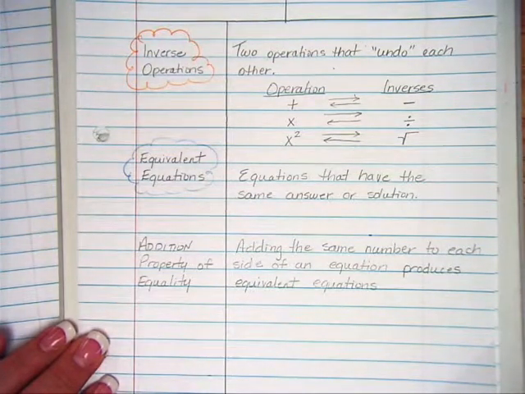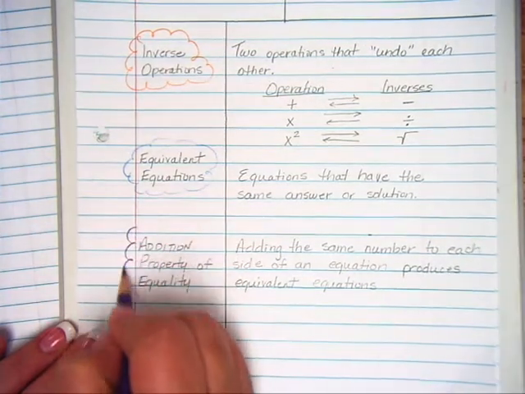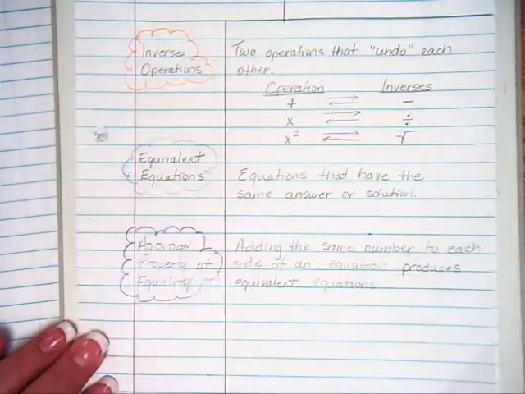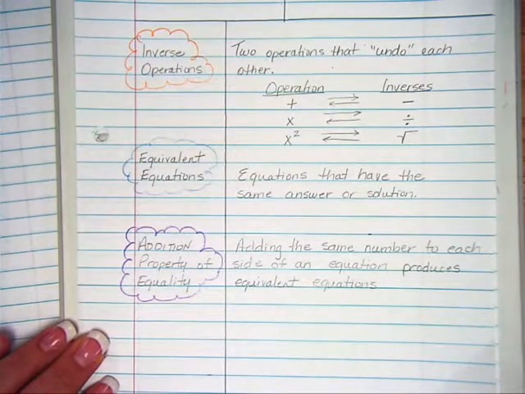So if you add 2 to one side, you need to add 2 to the other side. It doesn't change the equation, it just helps you do something. So addition property of equality.